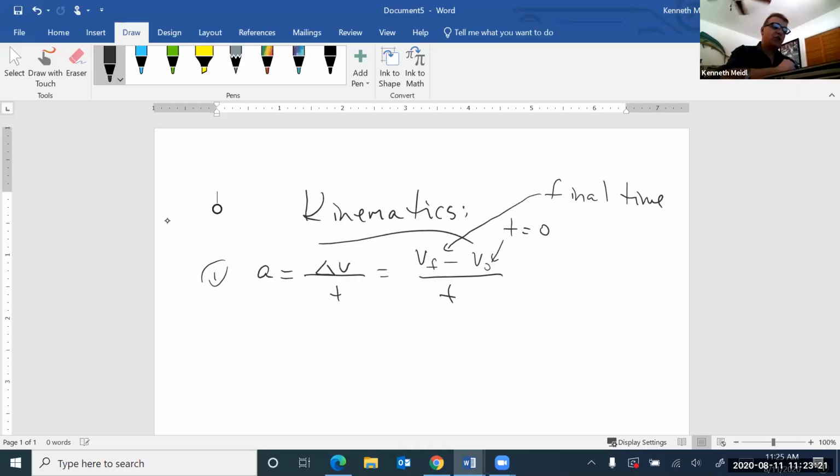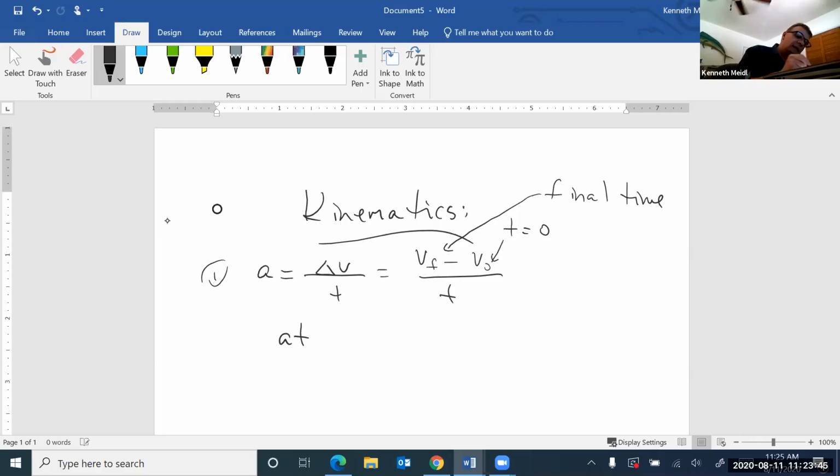And so a change is always what you have now, your final state, subtract off what you had before, and that's the difference between those two numbers. That's how we figure out a change. Now, if I happen to live in some world where I don't like fractions, I'm going to multiply both sides by t.